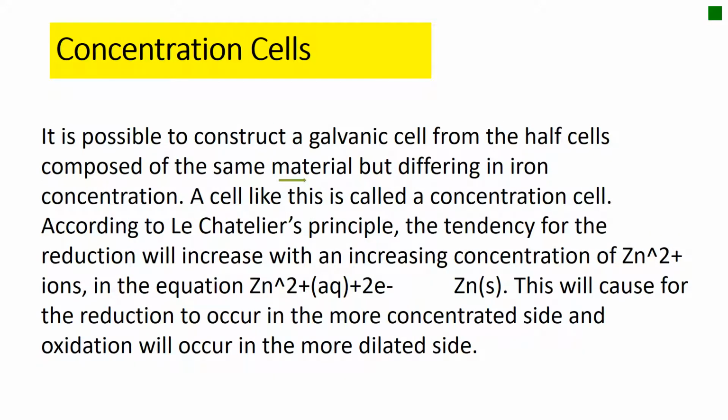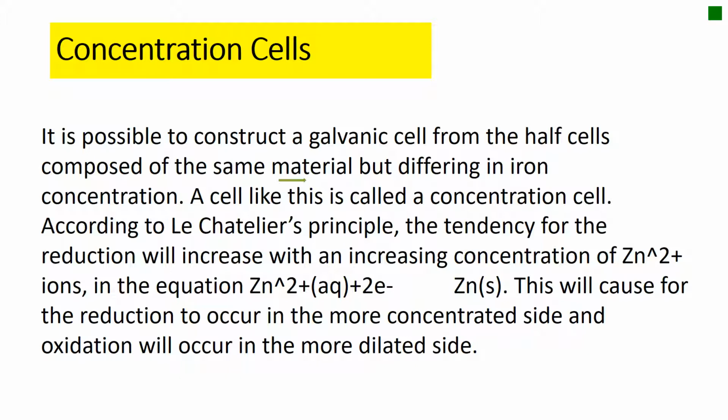So, concentration cells. Concentration cells are pretty important in this too. It is possible to construct a galvanic cell from half cells composed of the same material, but different in ion concentration.